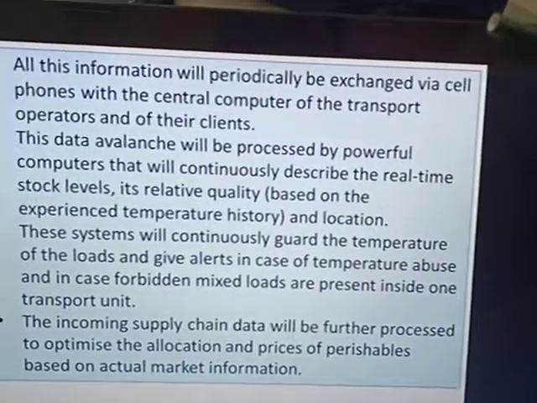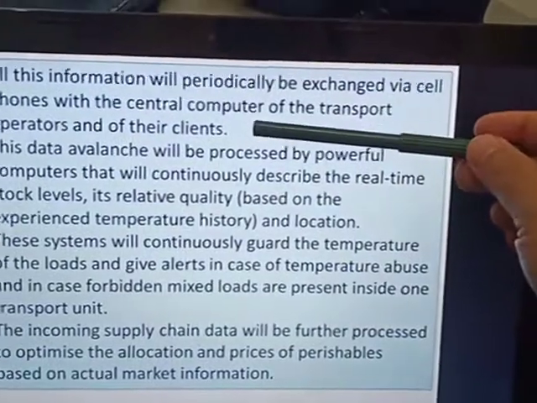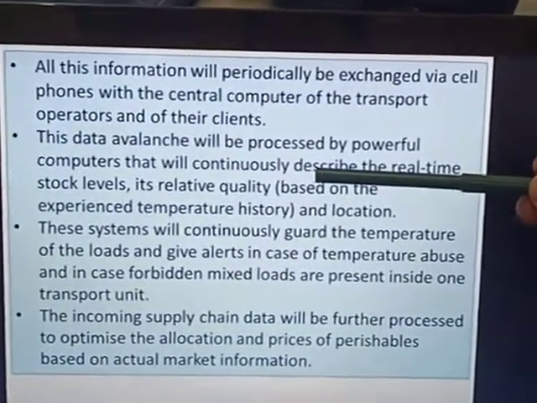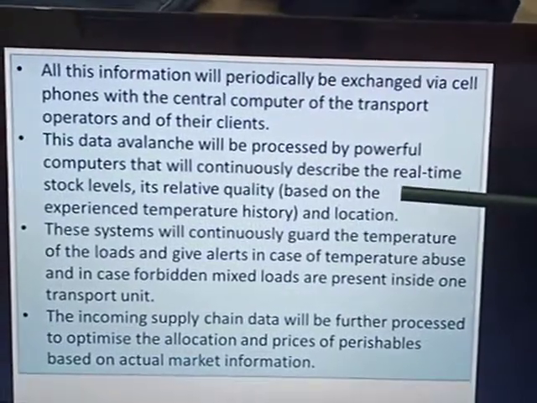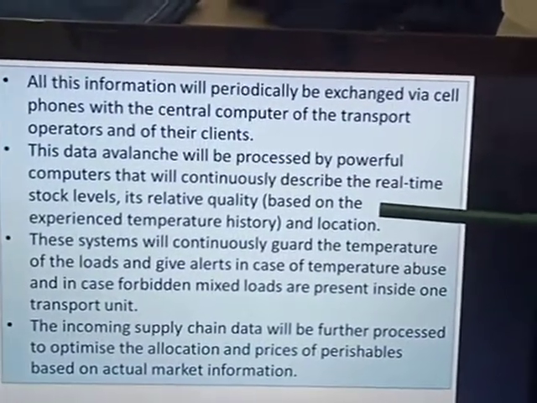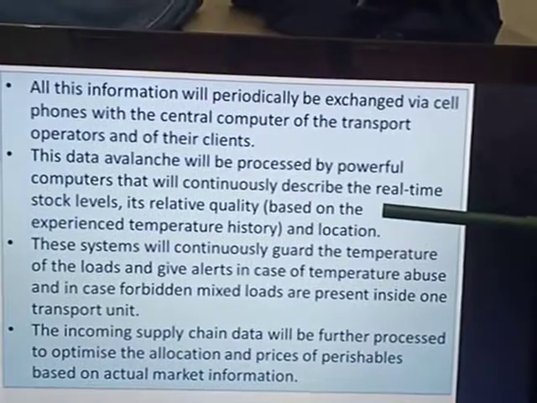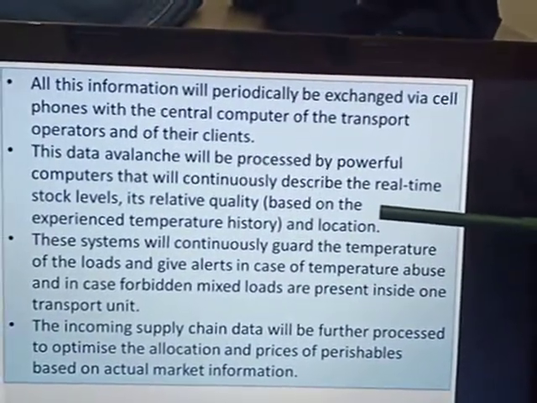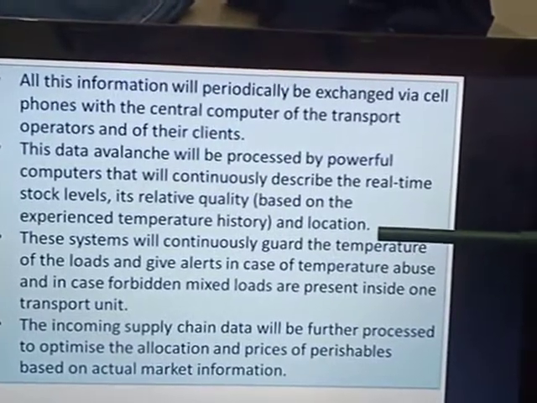So both clients and operators will have the same data. This data avalanche will be processed by powerful computers that will continuously describe the real-time stock levels and their relative quality based on the experience, temperature history, and location.